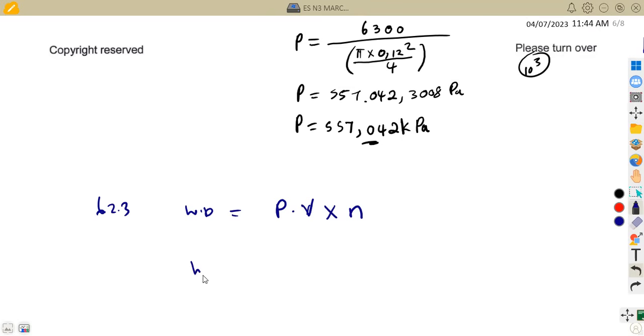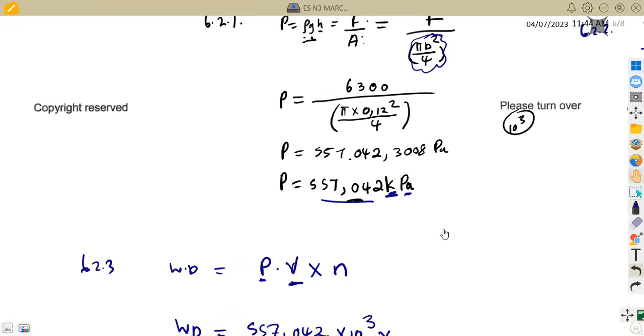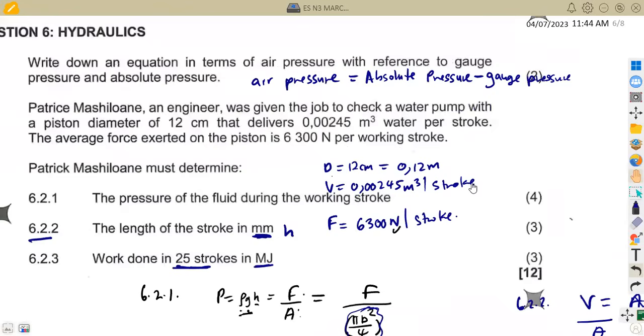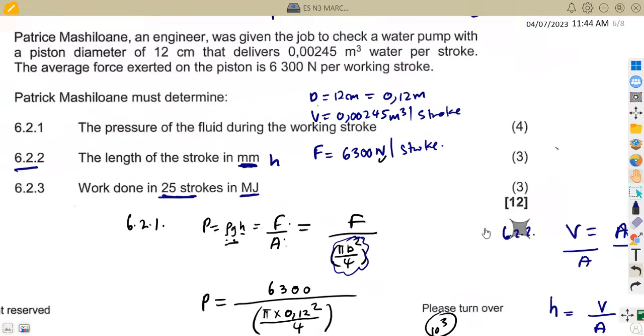So everything here, we have our work done, pressure. We have got our pressure here of 557,042 kilopascals. So kilo, that's times 10 to the power of 3, times the volume per stroke. Take note, this is the volume per stroke of 0.00245.